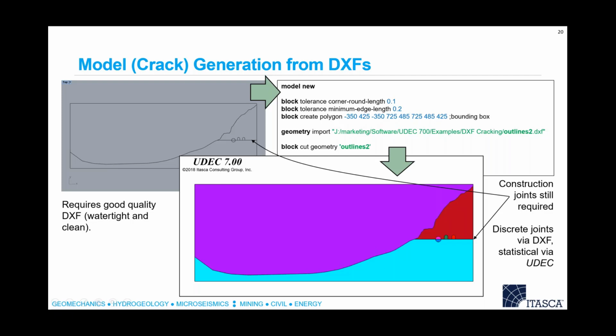So again, the construction joints are still required, and it's really good for the overall bulk geometry. You can certainly use it for jointing, but I think we have some more powerful tools available now for generating DFNs and jointing patterns rather than importing them through geometry.